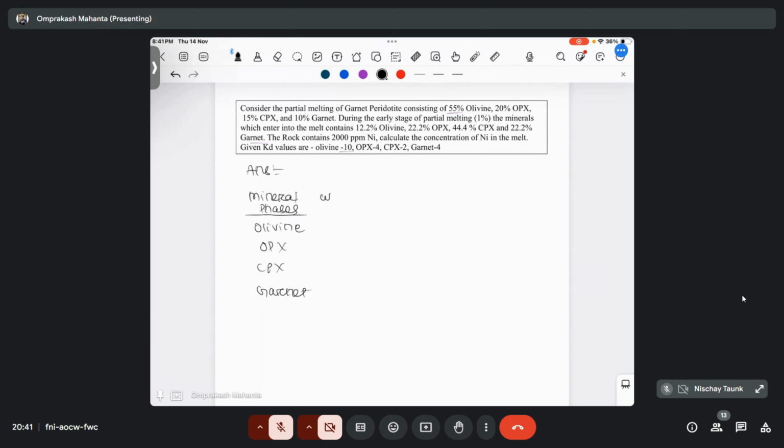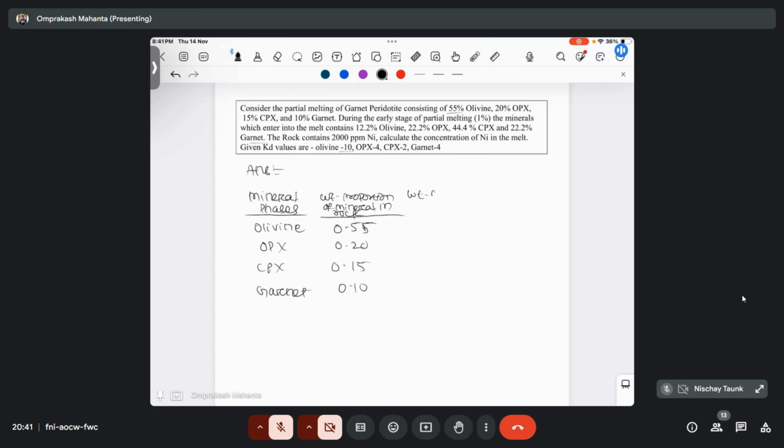Here the abundances for the rock are also given. That is the weight proportion of mineral in rock: for olivine it's given as 55, meaning 0.55, then 0.20, 0.15, and 0.10.